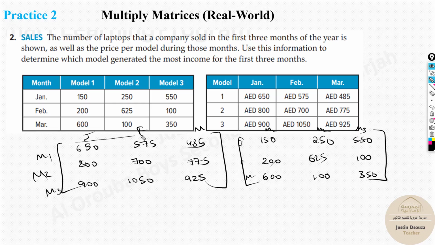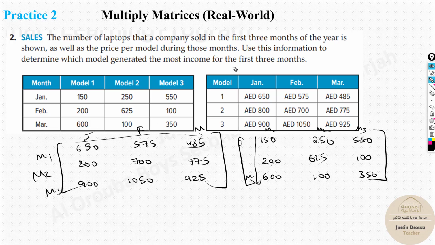So when I multiply this entire thing here and over here, what do you get? January, February, March multiplied with January, February, March of only this first model. So in all the first 3 months, the money made for the first model will be given in the first dimension, first digit of the matrix.